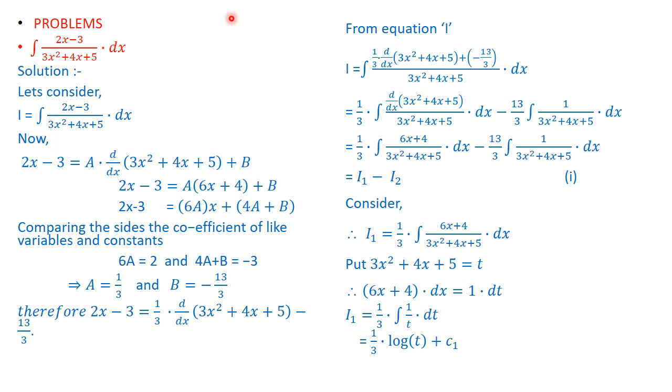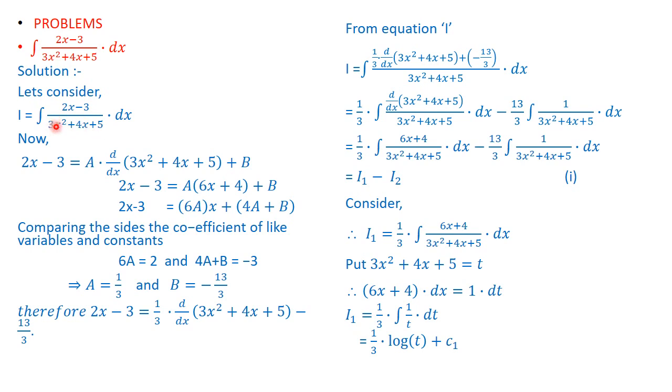You may get bored with the theory, so we will see one example of this type. Let us see the integration of (2x minus 3) by (3x square plus 4x plus 5) into dx. Here you can see this is a linear form and this is a quadratic form.